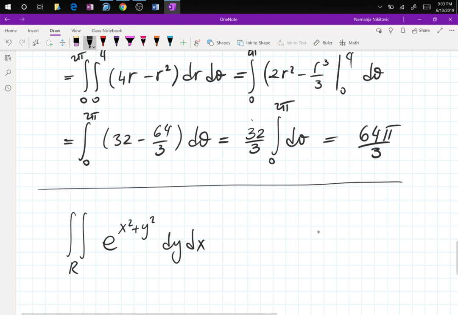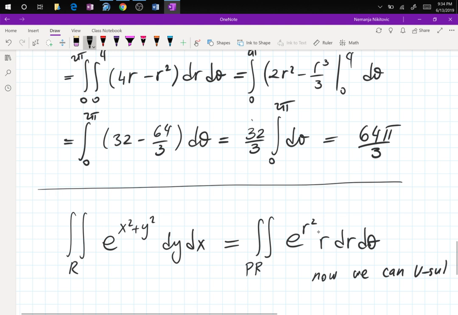If I toss this integral in a polar domain over the polar region R over here, let's call it PR, polar region, you are going to get e to the r squared. And look at the string, r dr d theta. The string introduces r, and now you can do u sub. Problem saved. Now we can do u sub.